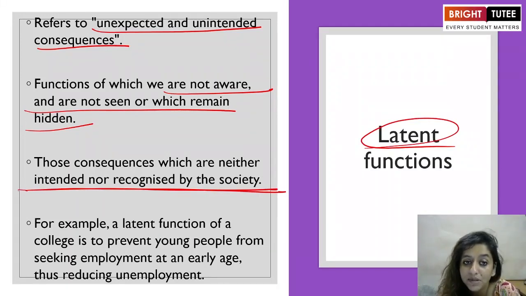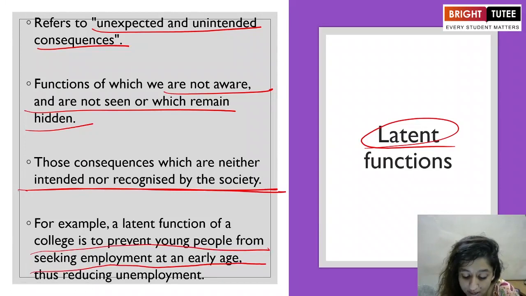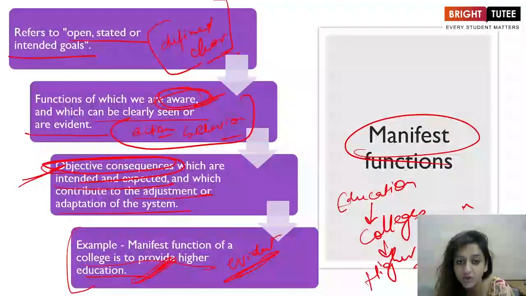For example, they have taken that college is to prevent young people from seeking employment at an early age, thus reducing unemployment. We have seen that a very evident, very visible agenda or function of the college is to provide higher education.